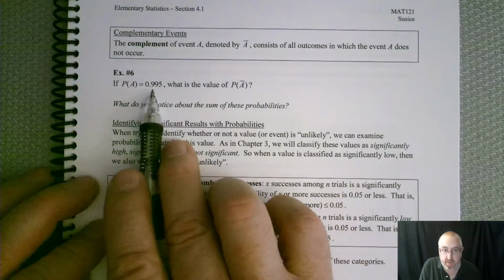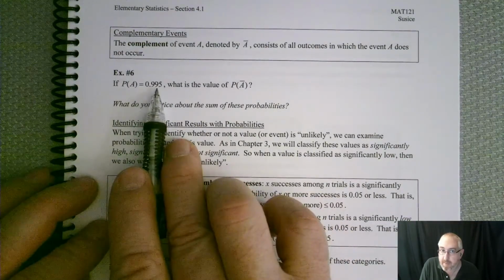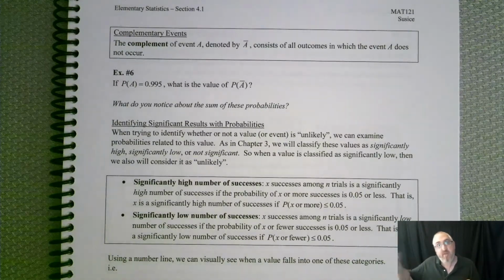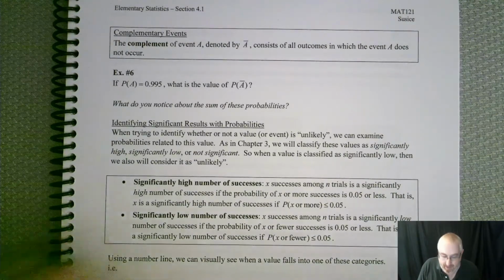Well, if you think of this as 99.5%, I know we said not to use percents, but sometimes percentages are an easier way to think of it. If the chance of this one event happening is 99.5%, what's the chance of everything else happening? It's got to get up to 100%, right?